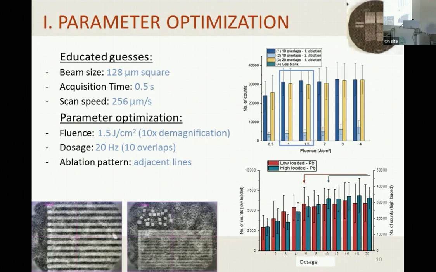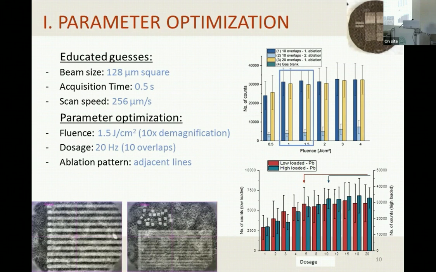So for the optimal parameter we chose fluence 1.5 because above that fluence the signal stays the same. And another reason is that at higher fluences some shredding of the filter occurs, which could cause some problems in the instrument.